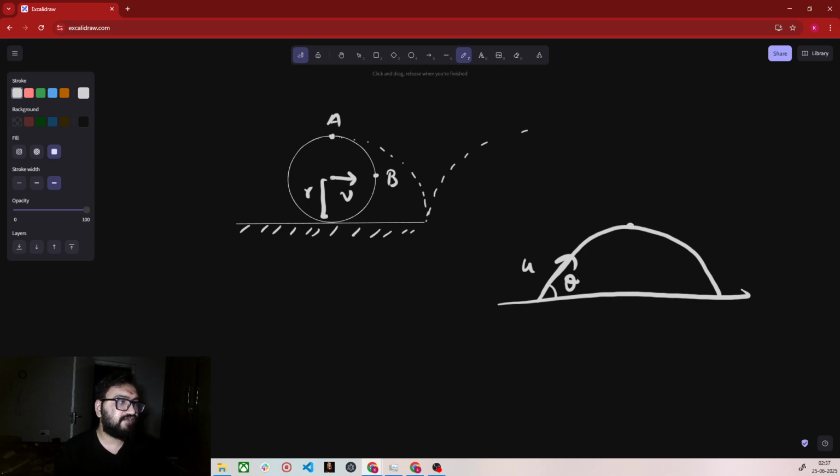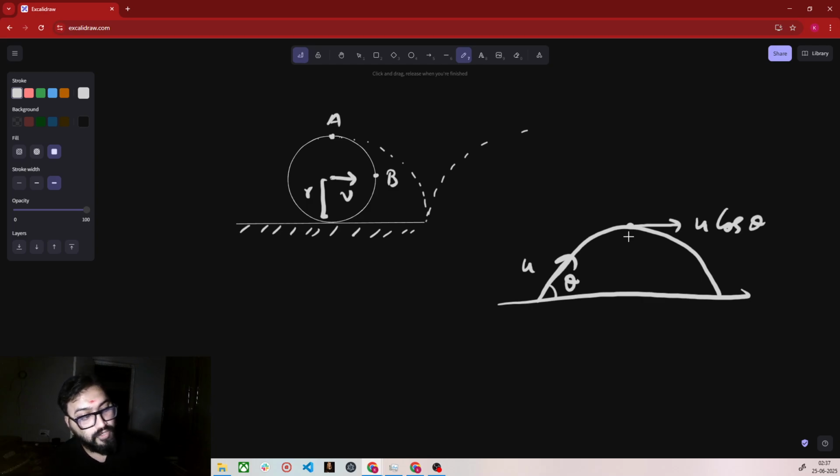How do we find that? We assume that at the topmost point the velocity would be u cos theta, because at the topmost point there is no vertical component of the velocity, there is only the horizontal component remaining, which is u cos theta, right?